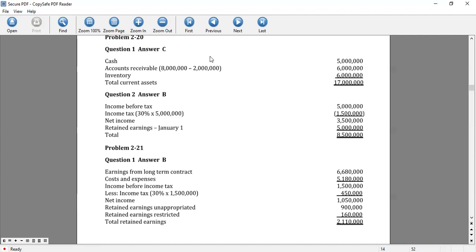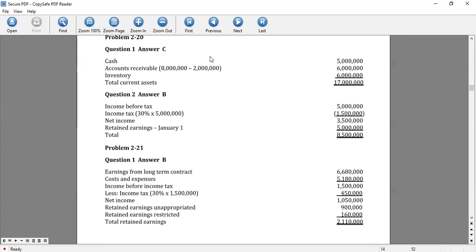So let's now take up 2020. Current assets will include cash of 5 million, then accounts receivable 8 million minus 2 million, because the accounts receivable included 3 million due from a customer. Special terms granted to this customer require payment in equal semi-annual installments of 500,000 every April and October.